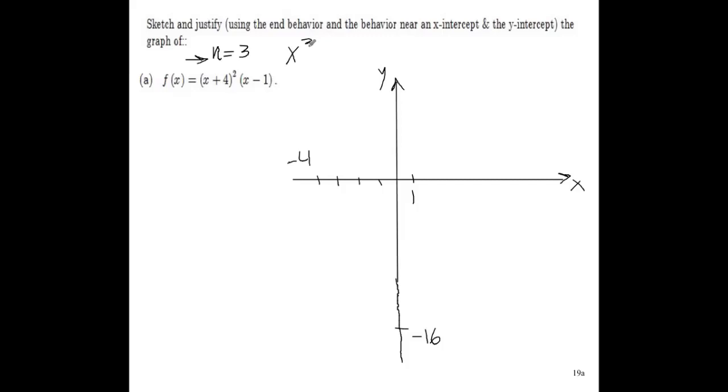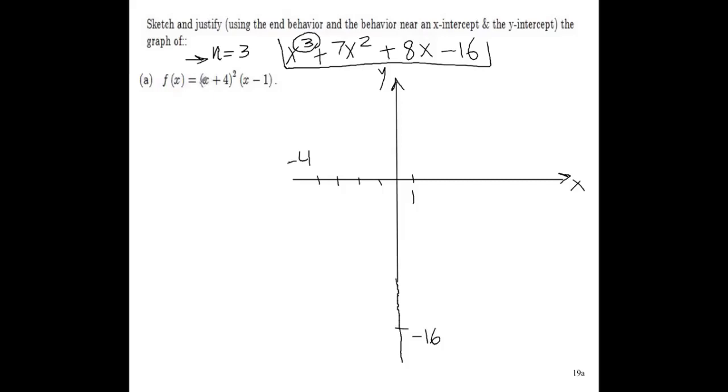You can go ahead and expand x plus 4 times x plus 4, and then multiply by x minus 1. If you do this correctly, you get x cubed plus 7x squared plus 8x minus 16. But we don't really have to do that to conclude that n is 3.